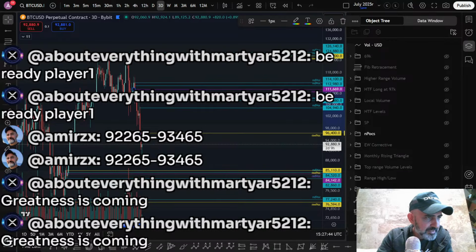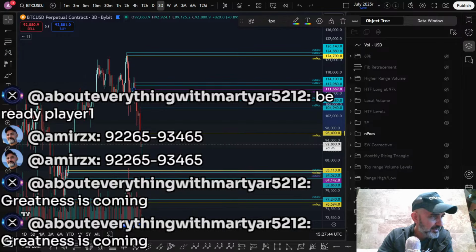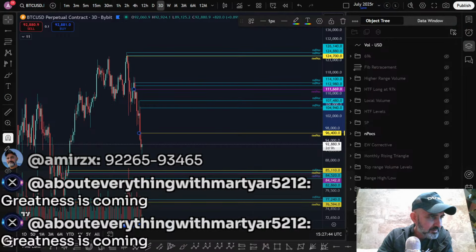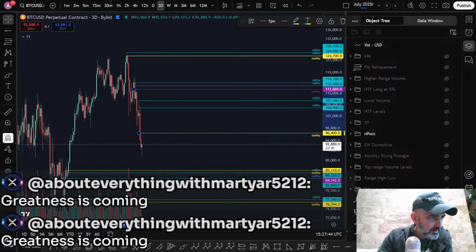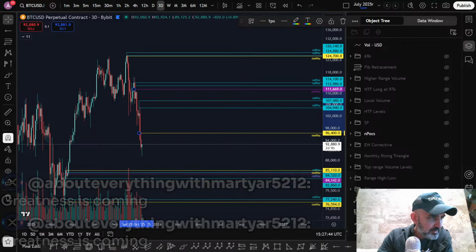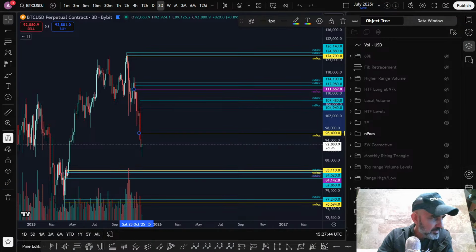Let me just try and reset it. Hold on. It's a bit annoying. I reset it. Let me see if that works. All right, let me put the single prints back in. Am I on the right page?